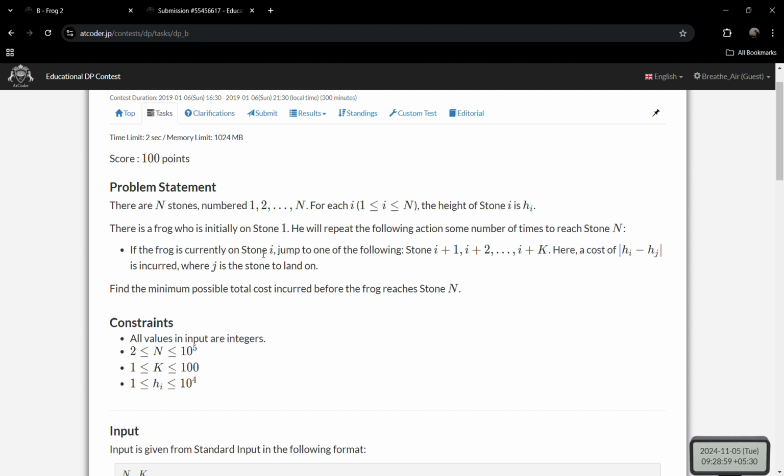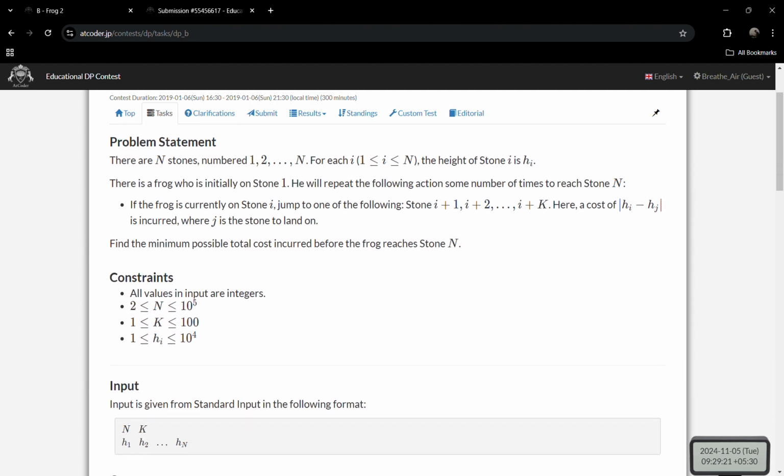If the frog is currently on stone i, jump to one of the following stones: i plus 1, i plus 2, and so on up to i plus k. Here, a cost of the absolute value of h_i minus h_j is incurred, where j is the stone to land on. Then we have to find the minimum possible total cost incurred before the frog reaches stone n.